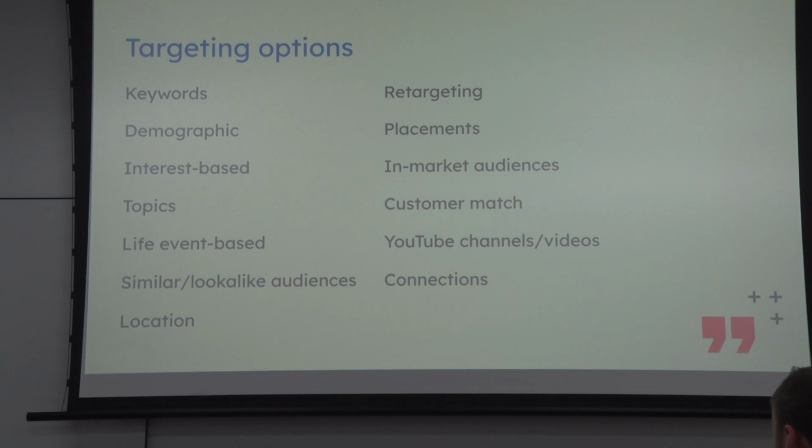Then there's interest-based. Google and Facebook both have tons of information about what we like and what we enjoy, because we give them the data for free, basically. And they are very willingly giving this data for use by advertisers. So we can target people based on what they like.